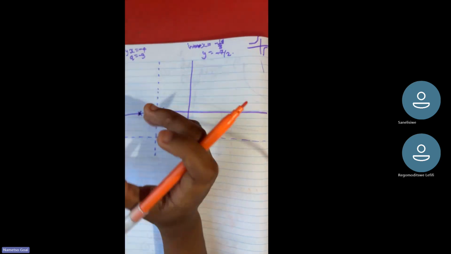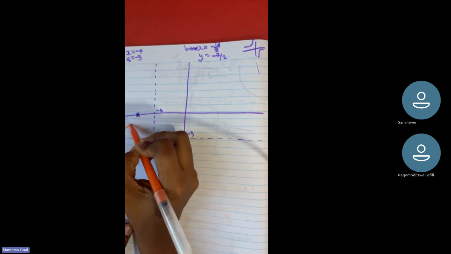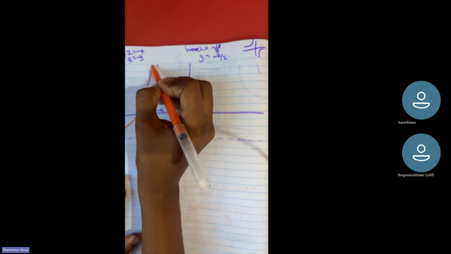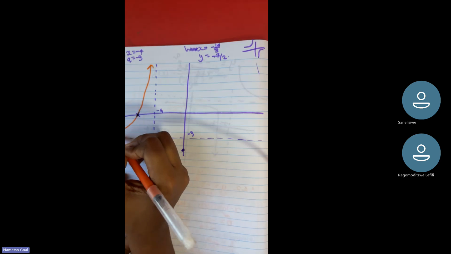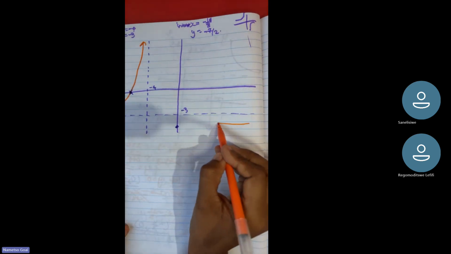Now we have to draw a hyperbola whereby the shapes of the graph touch our intercepts. This one would take this shape over here. Remember, this is a hyperbola, so it's going to do this. And this one over here will come like this.